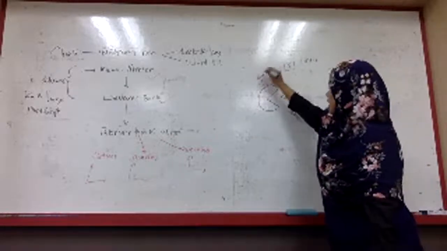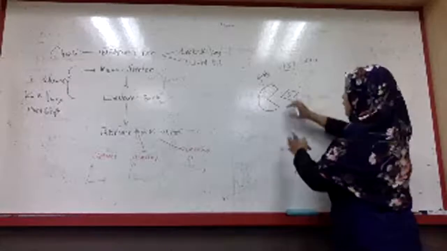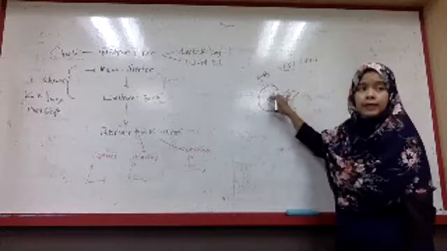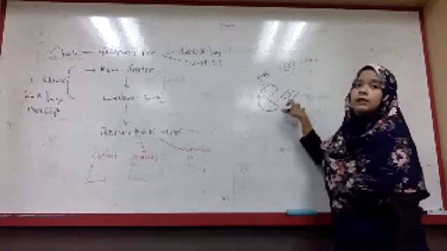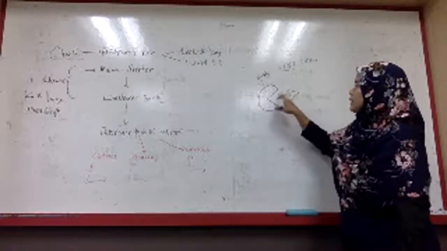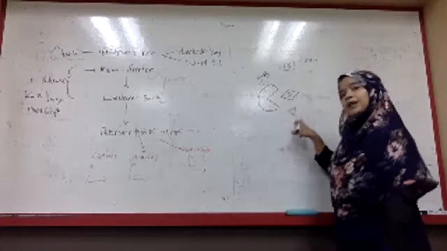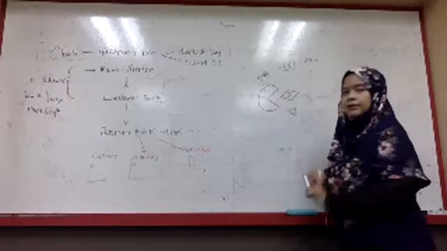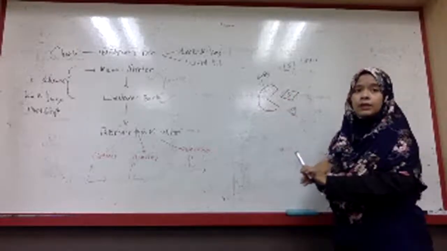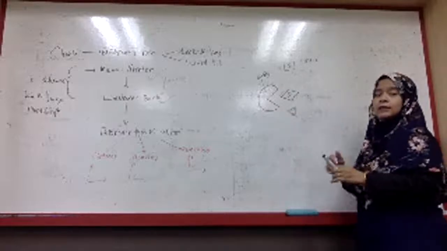Lock and key means the active site is the part where the substrate will attach and fit the specific substrate. The shape is more or less the same as the enzyme's site, but the inhibitor also has a similar shape, so it can go in as well. So that's why we call it competitive.